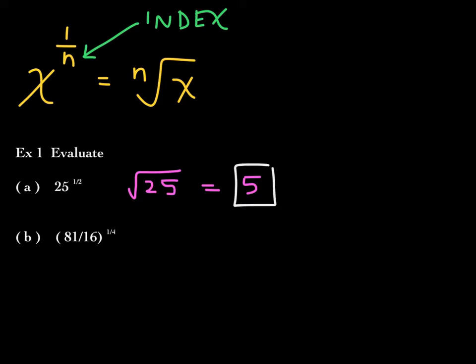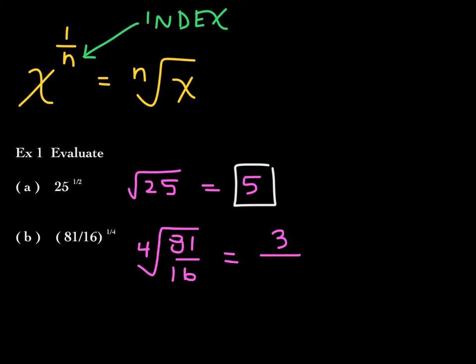Here we have 81/16 or 81 over 16 raised to the power of 1/4. So what does this mean? Well, the 4 in the denominator of your rational exponent means the 4th root of 81/16. If you have become familiar with some of your perfect fourths, you'll know that the 4th root of 81 is 3.